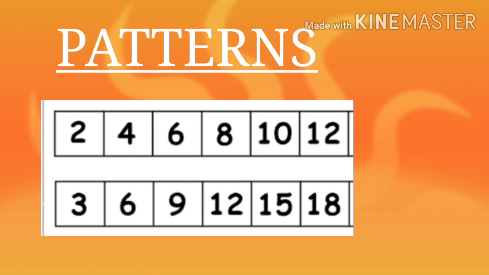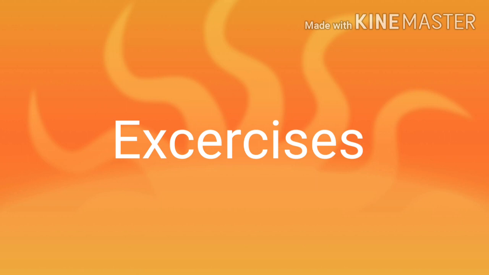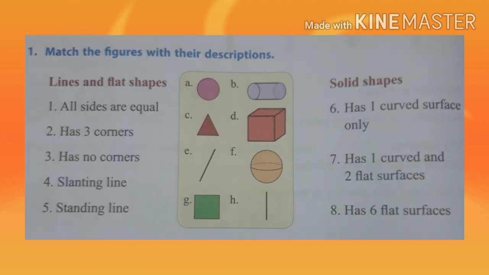Now let's do the exercises. The first one is match the figures with their description. So let's read the description first. First one is all sides are equal. All sides are equal for square. Second one has 3 corners.